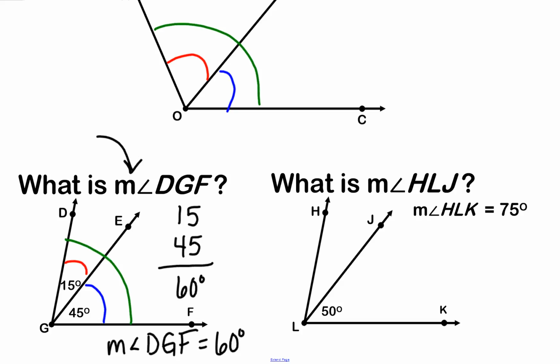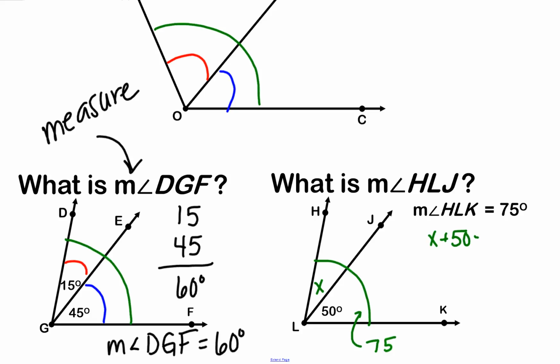This symbol right here means, the M means measure. Okay, in the next one, they gave me LK, which is this whole piece, and that whole piece is 75. I want X, HLJ, so I'm going to do X plus 50 equals 75.